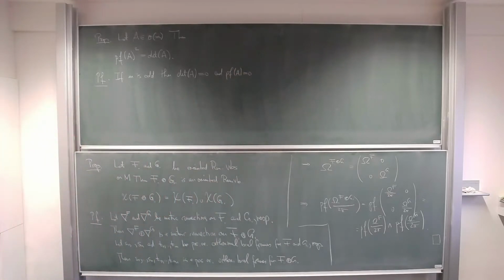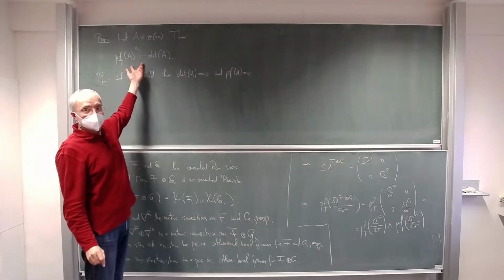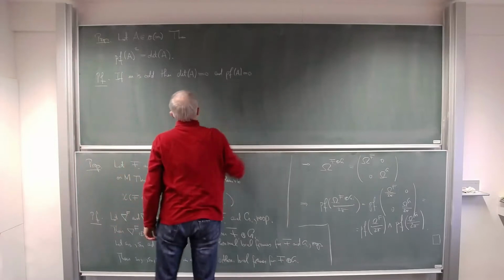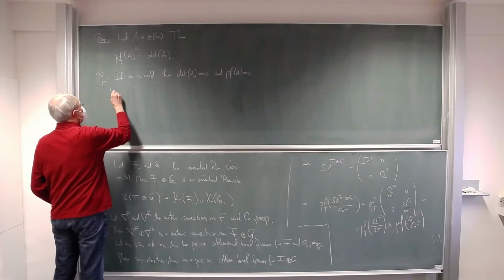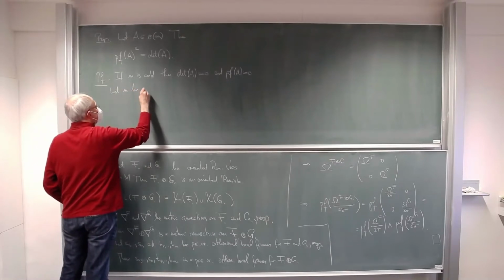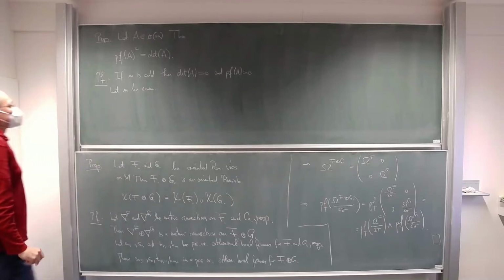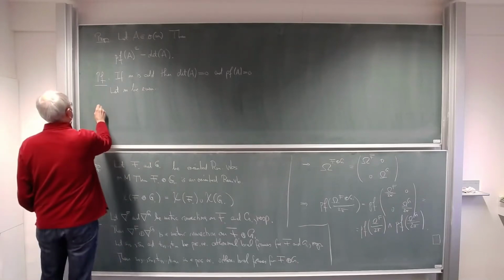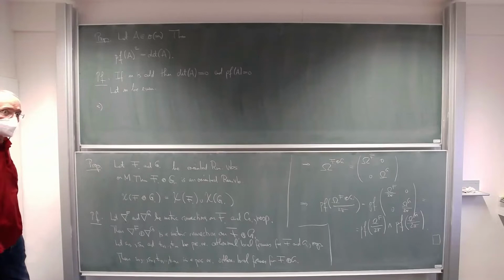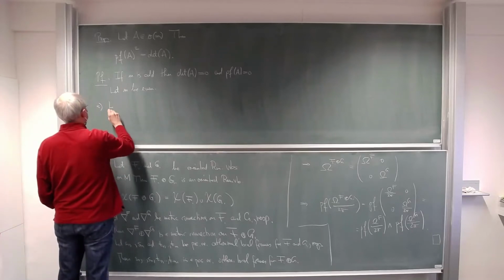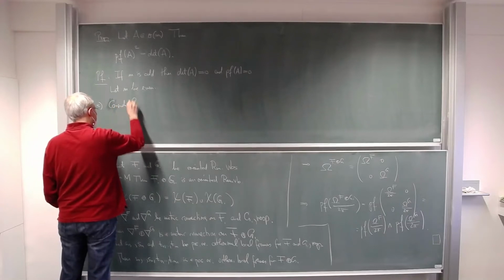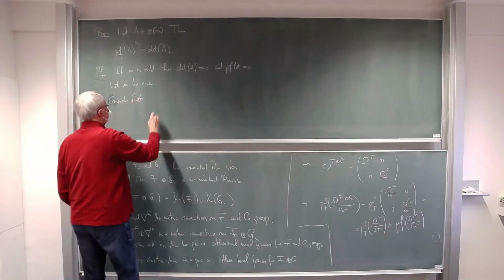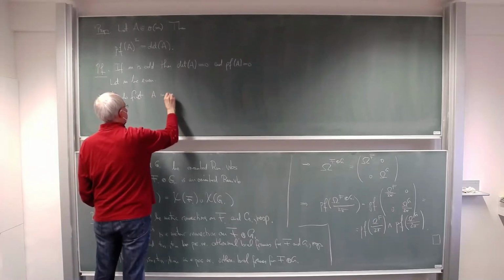So in this case, we just defined the Pfaffian to be 0, and so then this equation is trivially true. So the interesting case is when M is even. So let M be even, and let me first do it in the case when A is invertible. Consider first the case A invertible.